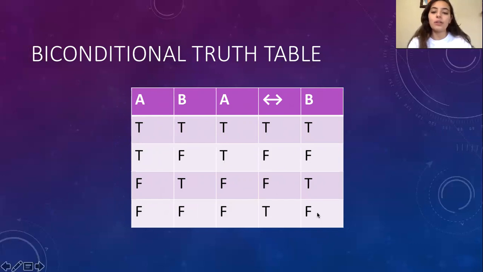And if they're both false, similarly to the conditional, it's also going to be true. So the logic behind that one is just because it's a double arrow, right? It's going in both directions. So both either have to be true or both have to be false in order for the biconditional to be true. But when either of them is different, then it's going to be false. The biconditional isn't doing its job.